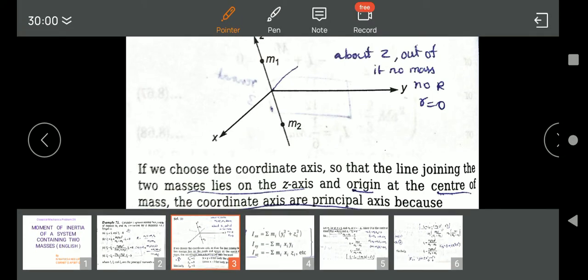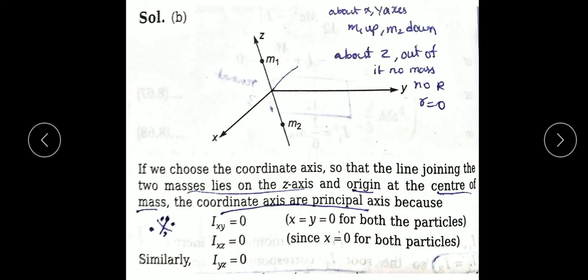Based on this formula, Ixy is minus summation mi xi into yi, but xi and yi equal 0 for both the particles, because these particles are lying only along the z-axis.